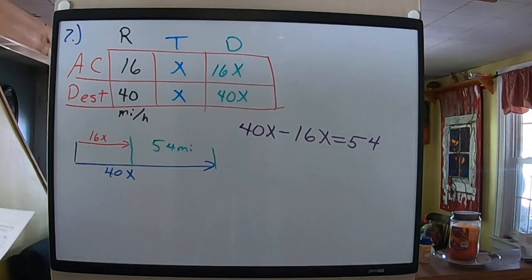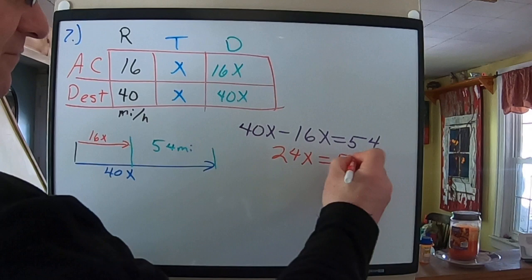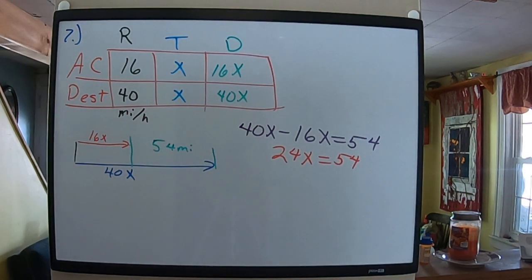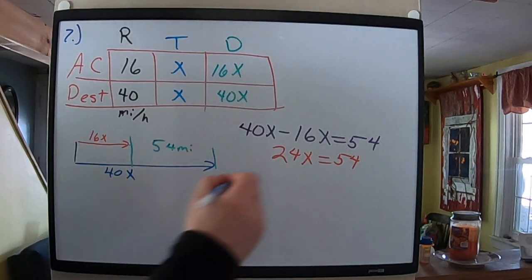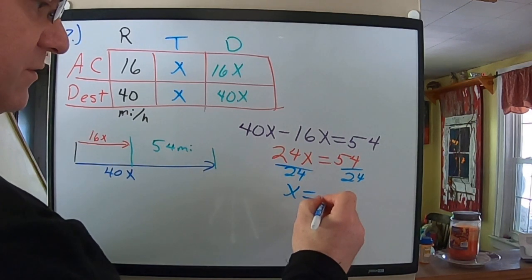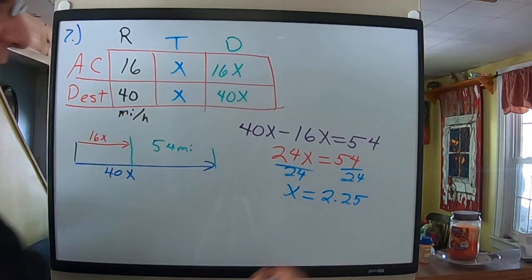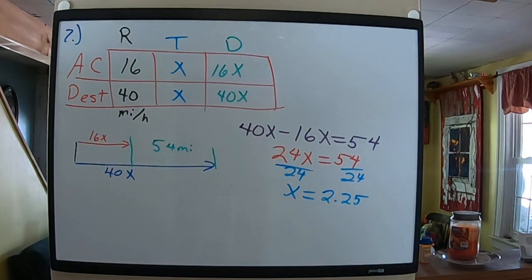Now, when I combine these two, I get 24x equals 54. And when I actually do this division out, when you divide by 24, x will equal 2 1/4 or 2.25. Now, it does not ask how many hours, which would be 2 1/4 hours.